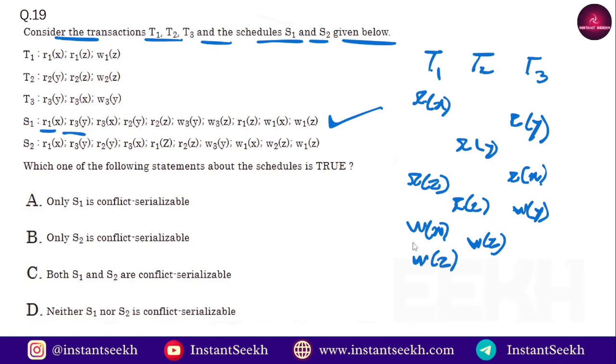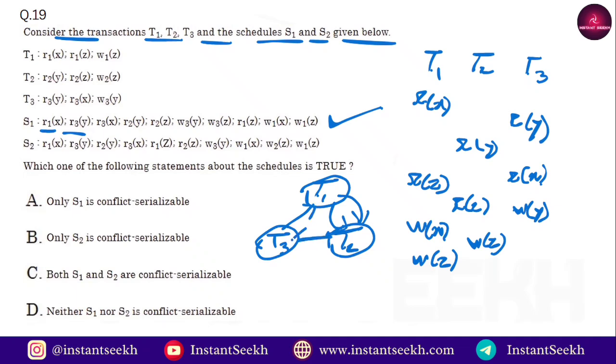If you look at the precedence graph, we are looping here. If you draw it in the graph, T1, T3 and T2 for serial schedule 2, we started with T1, and between transaction 1 and transaction 2 there is a loop.